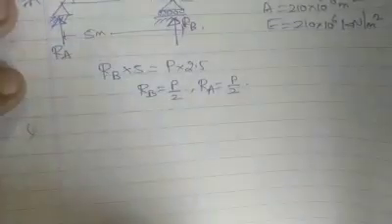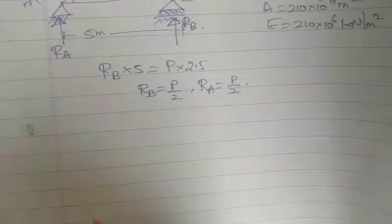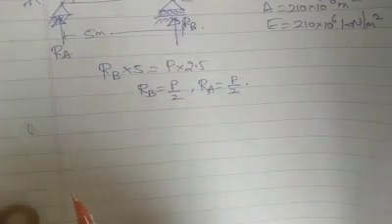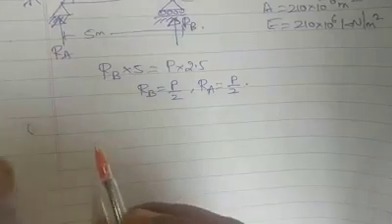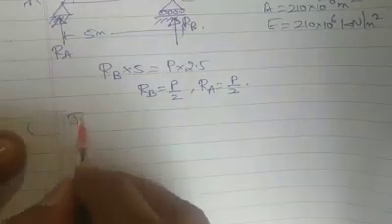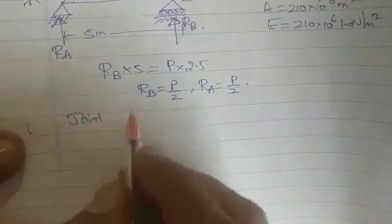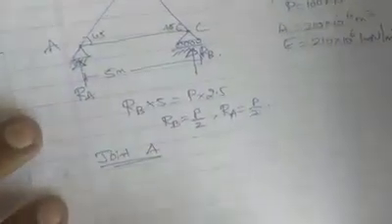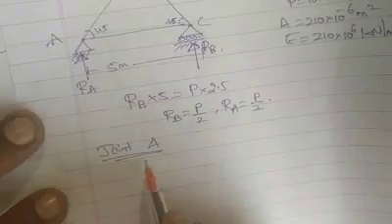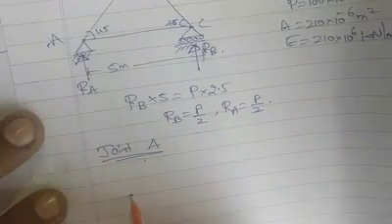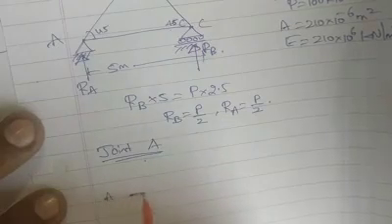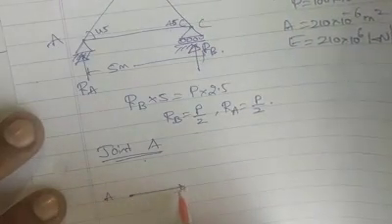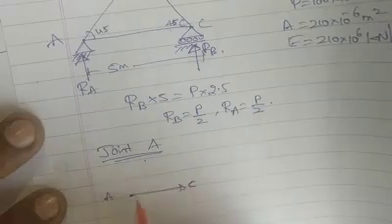Now coming to the method of joints, first of all we'll take joint A. So we are having joint A here. One force is AC, assuming away from joint, a horizontal force.